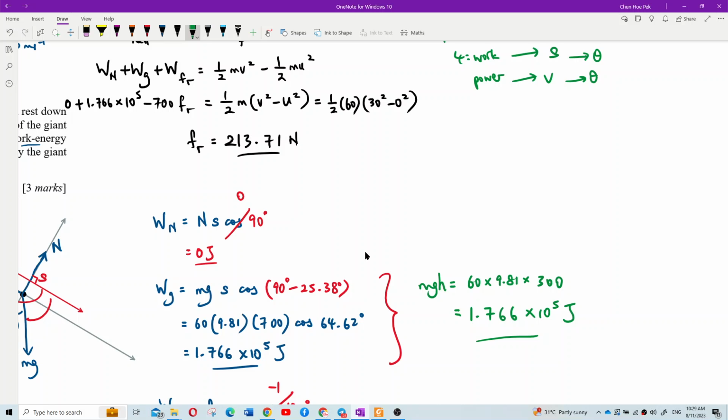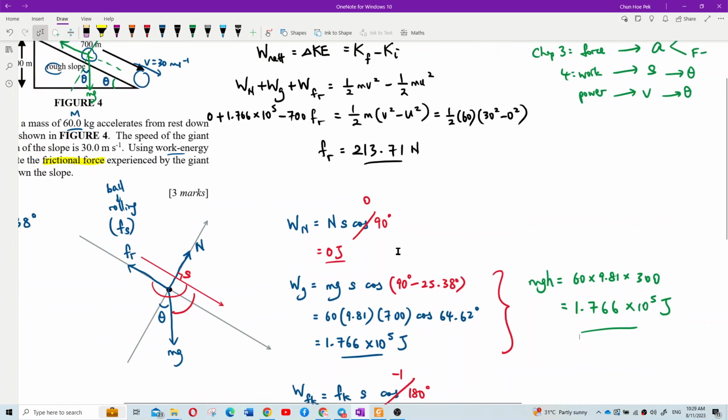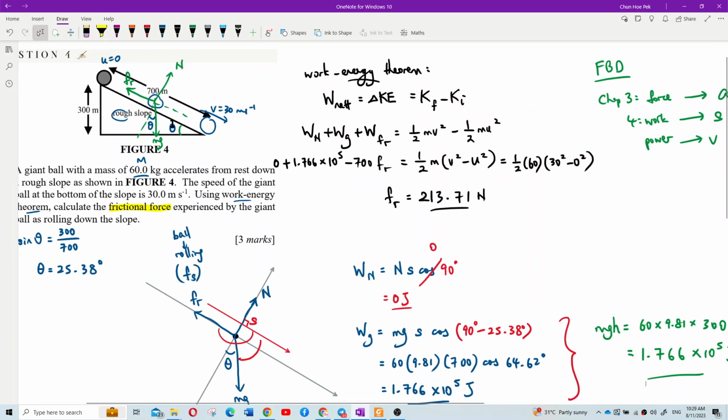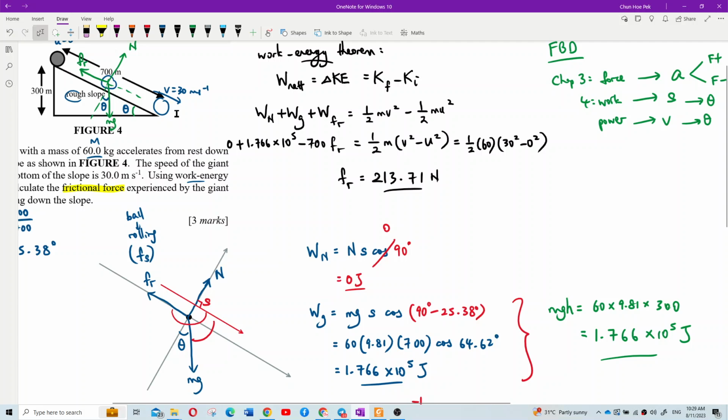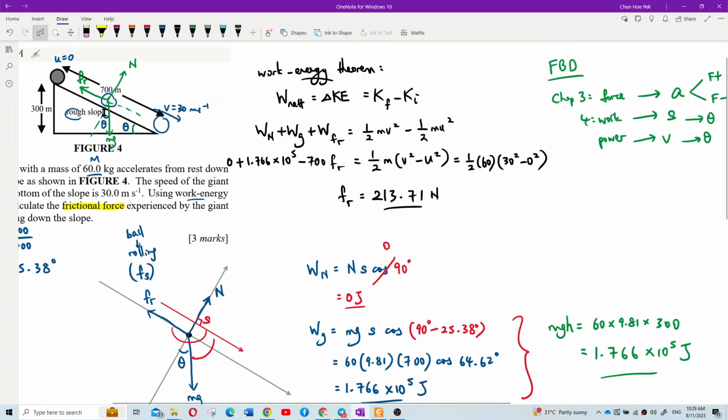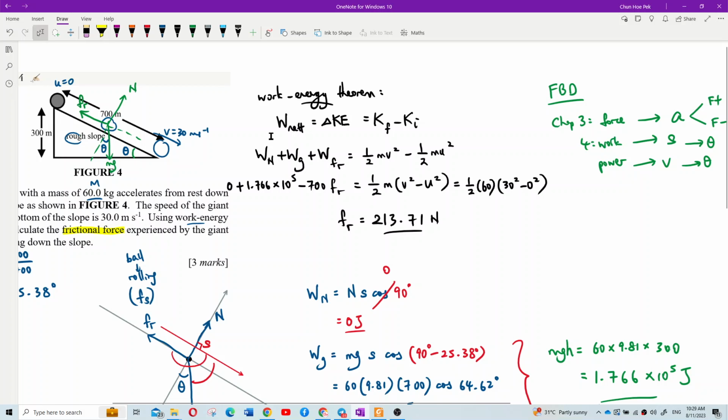Why like that, class? You must understand physics. You must understand what's happening. Work done by gravity is actually the potential energy. Potential energy changes to kinetic energy. When talking about work done equal to change of kinetic energy, this is potential energy changing to kinetic energy, but there is loss of energy due to friction.